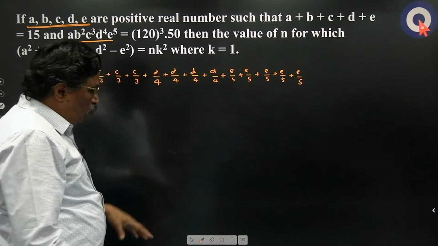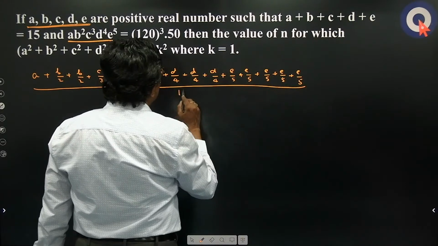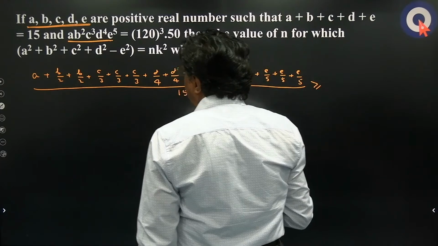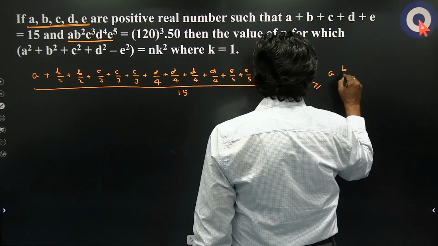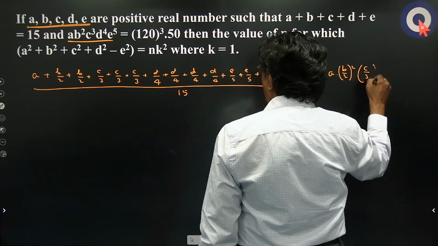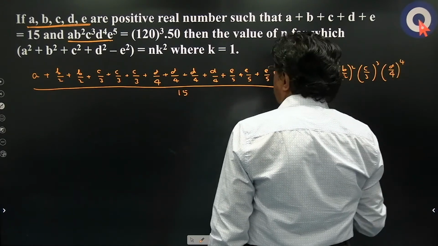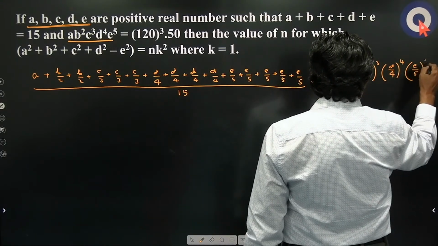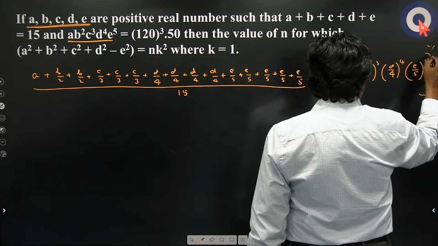These 15 positive quantities, their arithmetic mean, whole divided by 15, is greater than or equal to their geometric mean. Their geometric mean is A, B by 2 whole square, C by 3 whole cube, D by 4 whole power 4, E by 5 whole power 5, and whole to the power of 1 by 15.